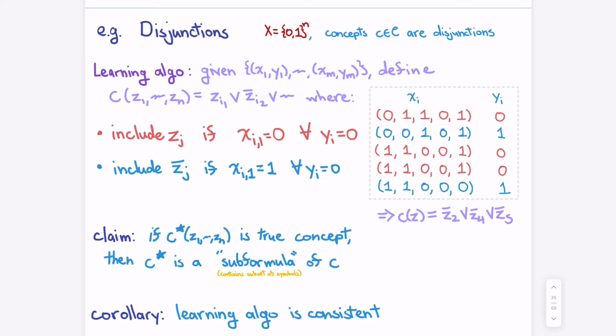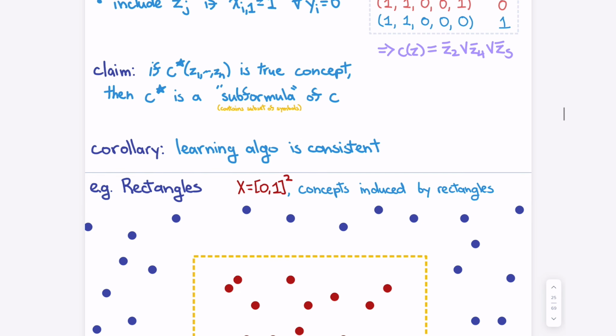So anyway, we get a consistent learning algorithm. Just that you're able to output some disjunction that works, and you're able to do it fairly efficiently. It's not a huge thing.